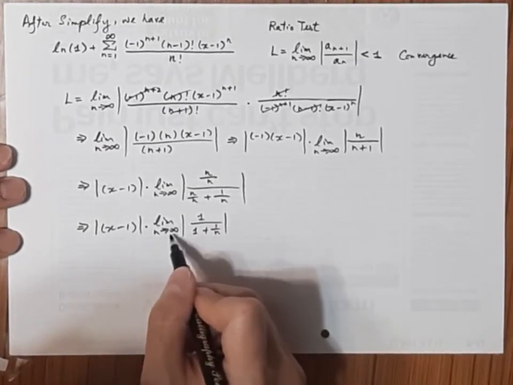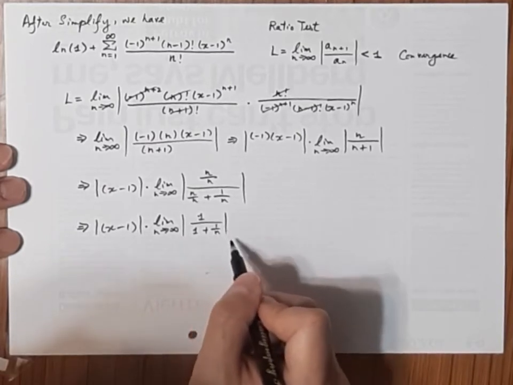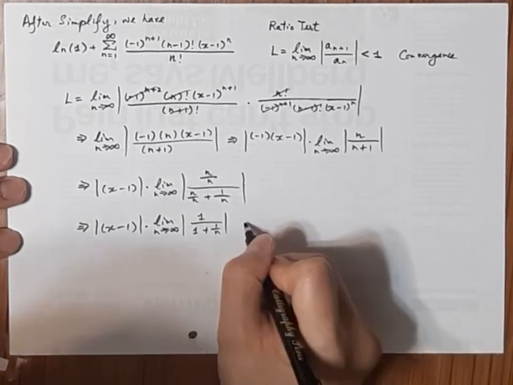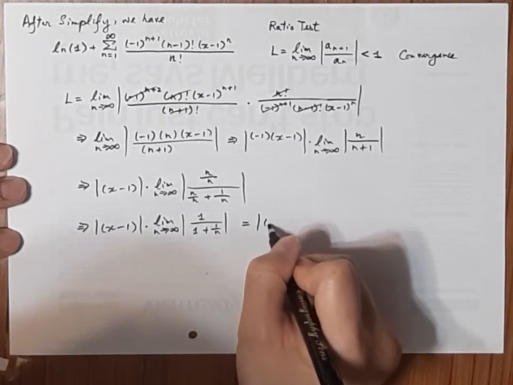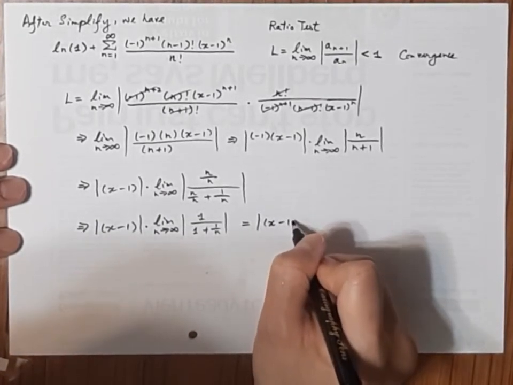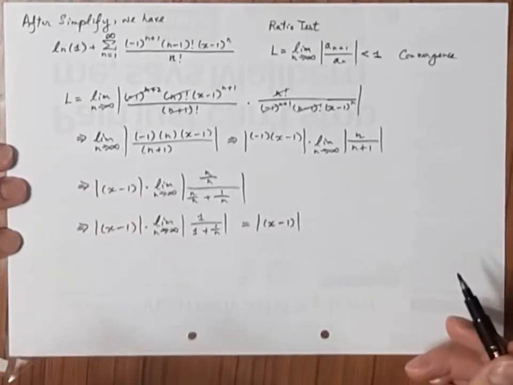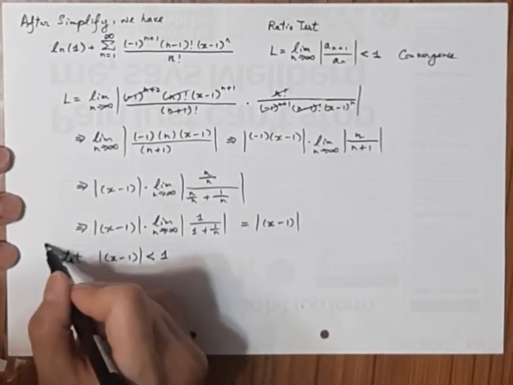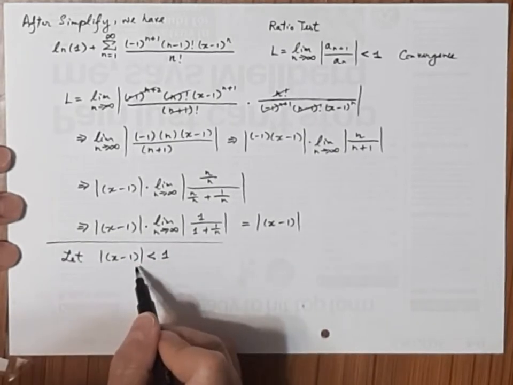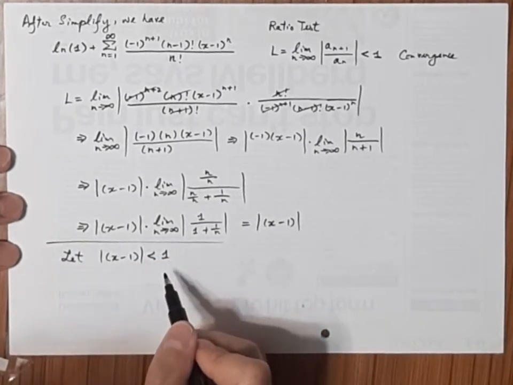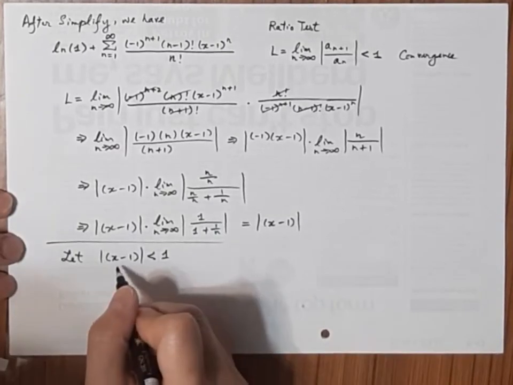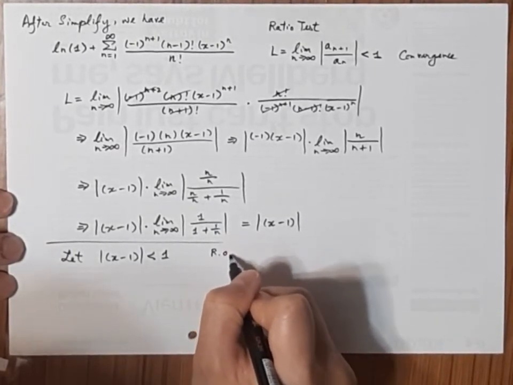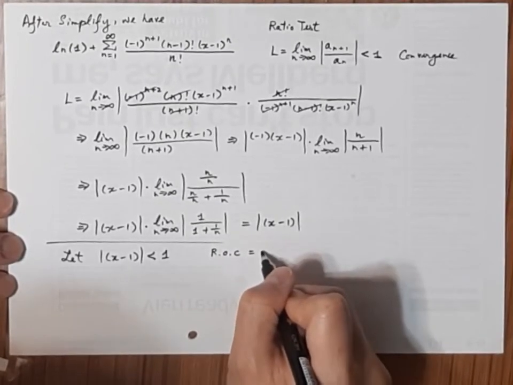When n tends to infinity, 1 over n will go to 0, so we have 1 here. So what we are left with is the absolute value of x minus 1 as the limit of this series. And if we want to make it convergent, we have to let the limit of this series be less than 1. Then this should be convergent. And if this is less than 1, we know that the radius of convergence is equal to 1 here.